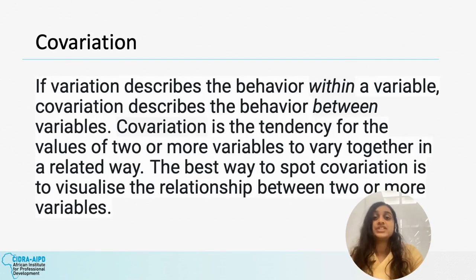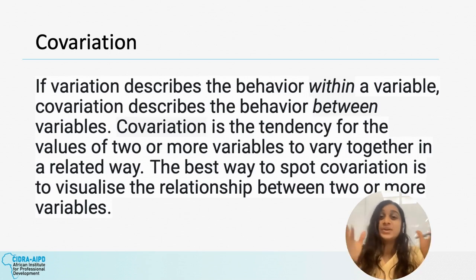If variation describes the behavior within a variable, covariation describes the behavior between variables. Covariation is a tendency for values of 2 or more variables to vary together in a related way. What does this actually mean? Let's take an example of covariation so you understand better.